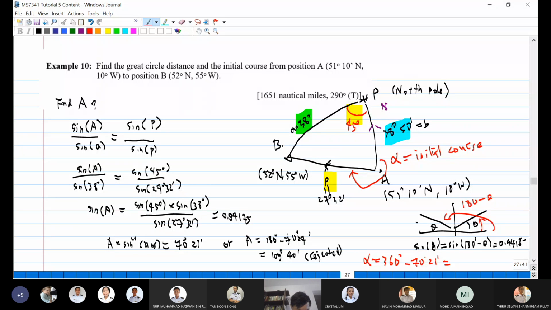So 360 minus 70 degrees 21 minutes. So it's 289, so it's about 290 now. True bearing. Okay, initial course. So this is how you answer question 10.